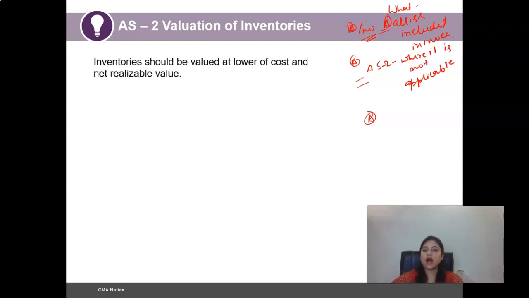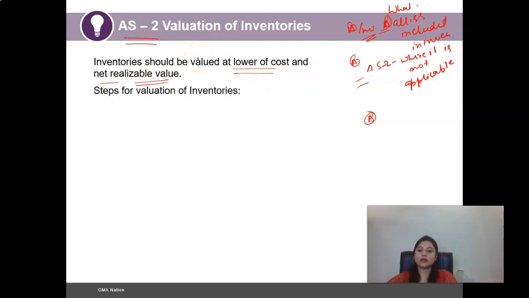So coming to how inventory valuation is done in the books of accounts of a particular business. According to Accounting Standard 2, inventories should be valued at lower of cost and net realizable value. What are the steps required in valuation of inventory?